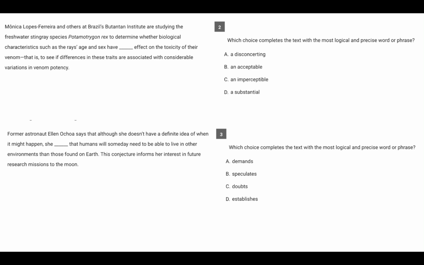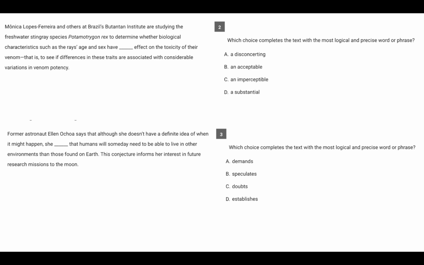They're doing that here. That is to see if differences in these traits are associated with considerable variations in venom potency.